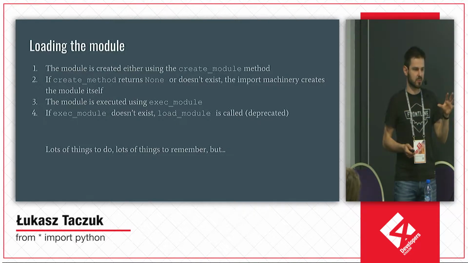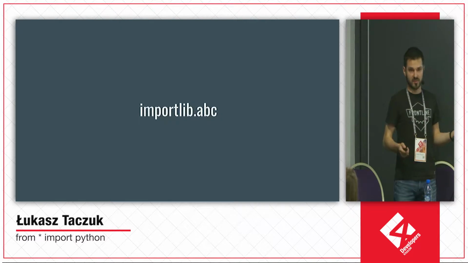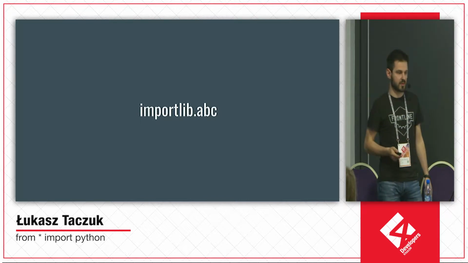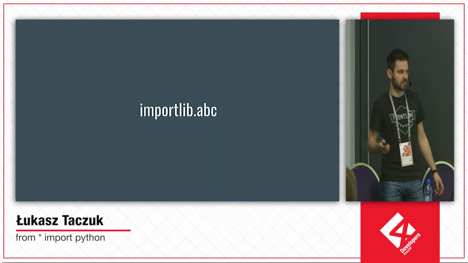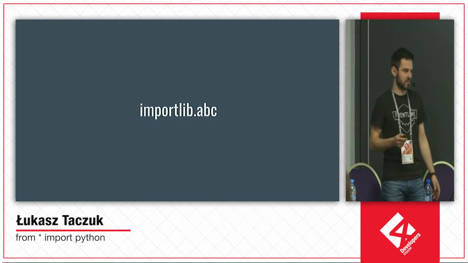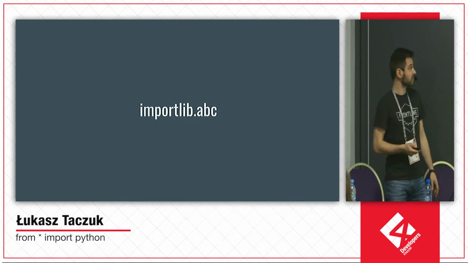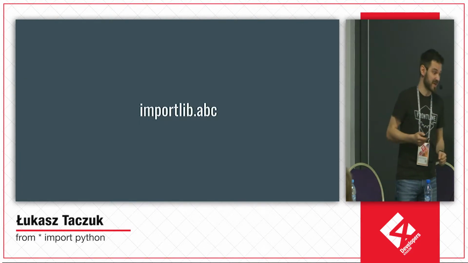This is all quite convoluted, but fortunately, enter importlib.abc, abstract base classes. This is a module that's used by the Python machinery to simplify everything. So if you started sleeping, now is the moment to wake up, because this is where the interesting stuff will start happening.